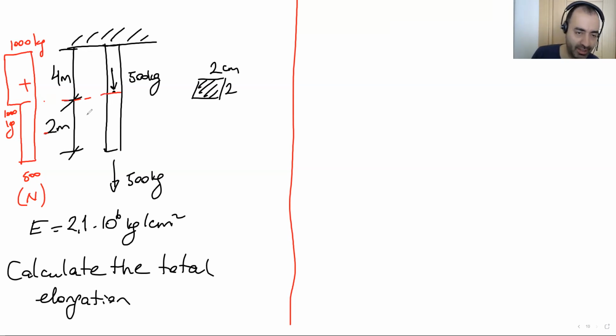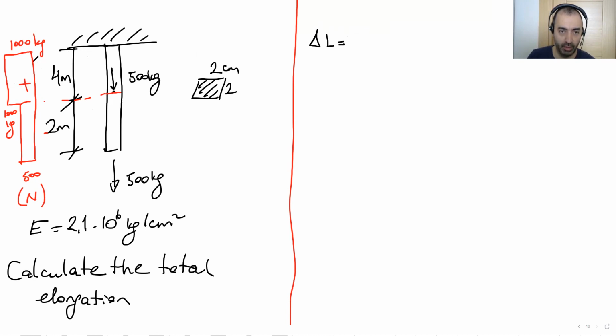Okay, my section is same. There's no problem. But here there is a change on the axial force. We have to be careful while we are writing the total elongation. Yes, let's have a look to first portion. So this axial force defines the portions.